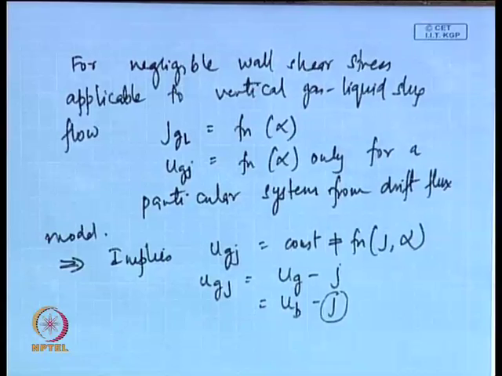If that is the case, then this should be equal to the bubble velocity at J equal to 0. Suppose in a tube we have just water, not flowing, and we introduce a Taylor bubble inside the tube. The velocity with which a single Taylor bubble rises through the tube should give me the velocity UGJ, the drift velocity under all conditions of slug flow.